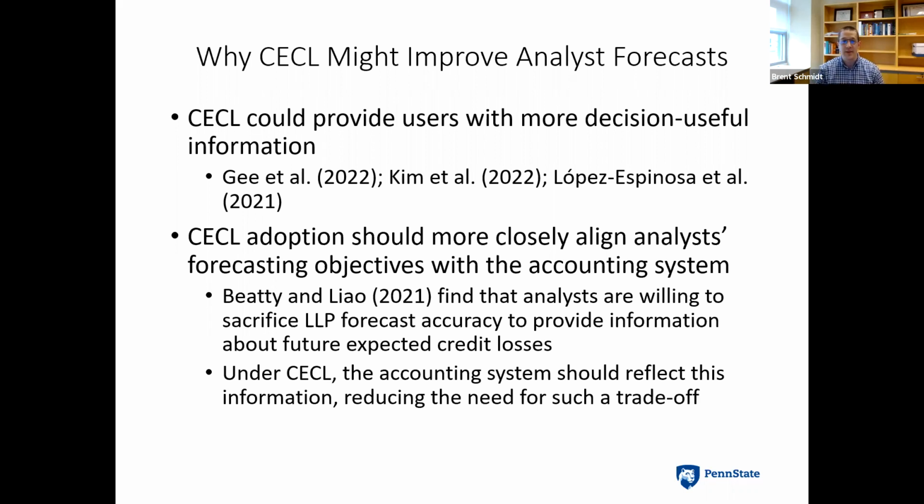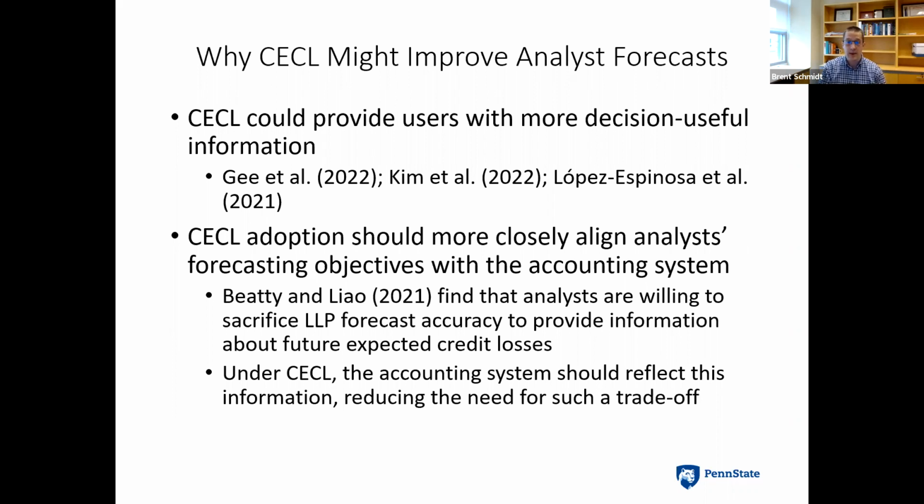Some of these thoughts are consistent with the tension that we're building in the paper. Ex ante, we weren't totally clear on what the impacts would be. As I mentioned, we have some emerging evidence suggesting that CECL does provide, loosely speaking, better information about future expected credit losses.